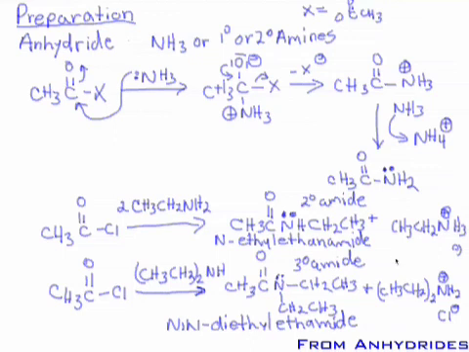If I used acetic anhydride, the anion would be that. And so I have ethyl ammonium acetate instead of ethyl ammonium chloride because I kicked out an acetate instead of a chloride. Okay, same here.